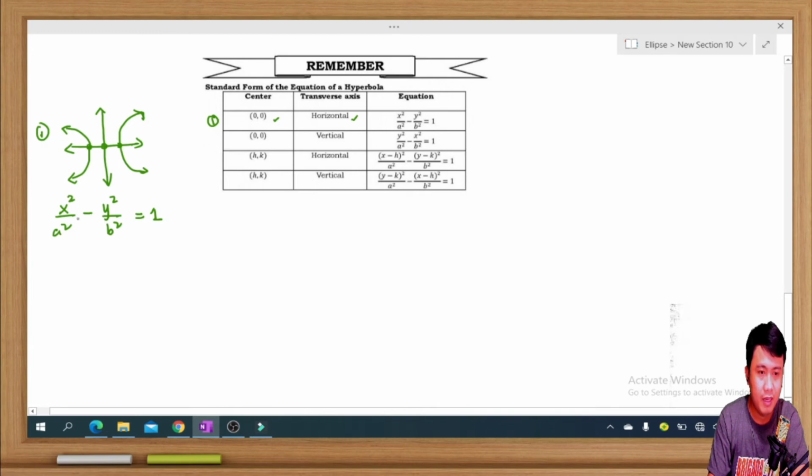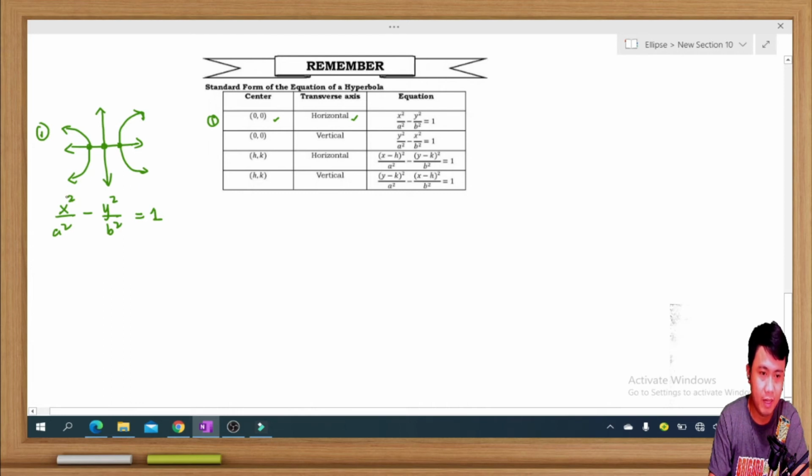Okay? And kapag nauna yung x squared, automatic this is your a squared. Hindi katulad dati na ang ating a squared ay nandoon sa may pinakamalaking value. Di po this time in this hyperbola. Kung ano yung pinaka nauna.